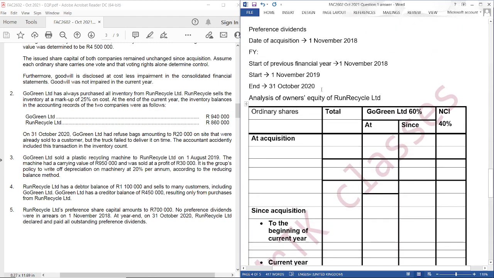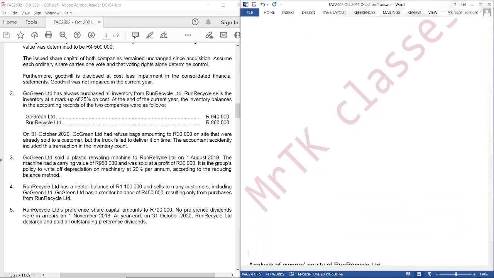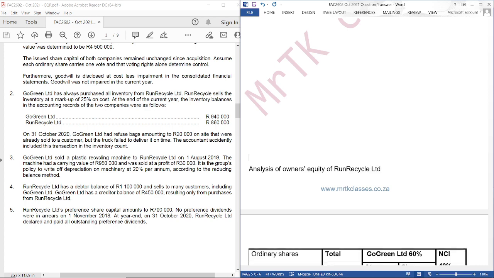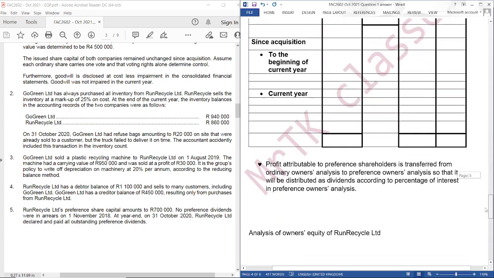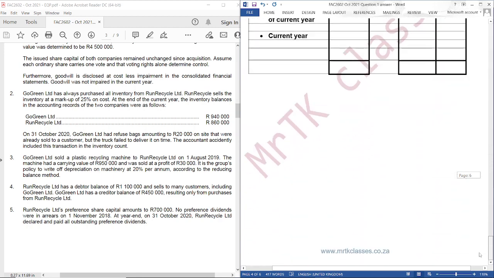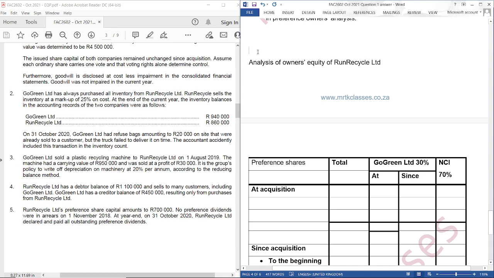I can as well just do this. All right, this looks good.